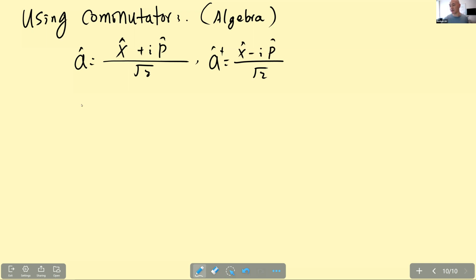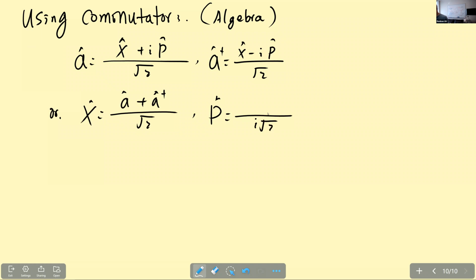Or similarly, you can write it this way. This is just working backward, right? Okay. Right, so they are equivalent.